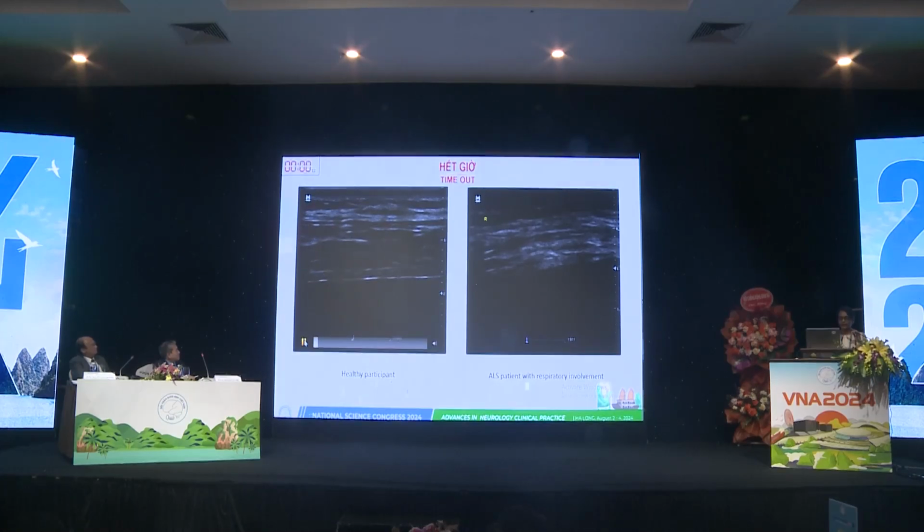If I play here, taking a deep breath in, you can see the diaphragm enlarging, okay? But in the patient with motor neuron disease, hardly moving, just this bit here. Don't know whether you can appreciate that. Just doing that, you can detect at an early stage whether there is actually respiratory involvement.